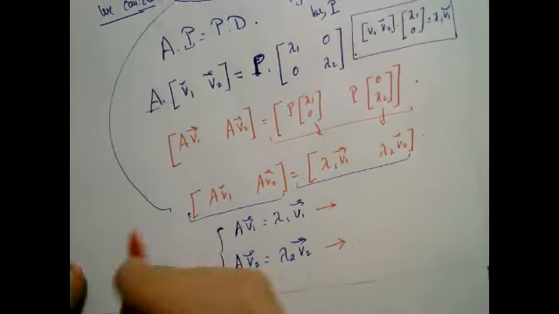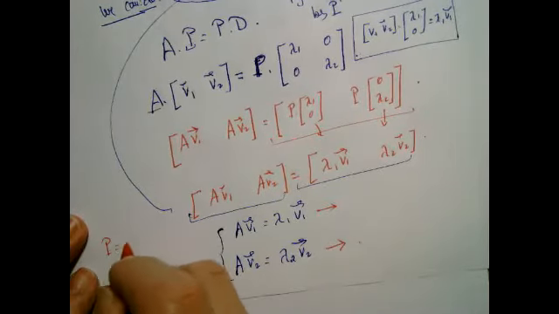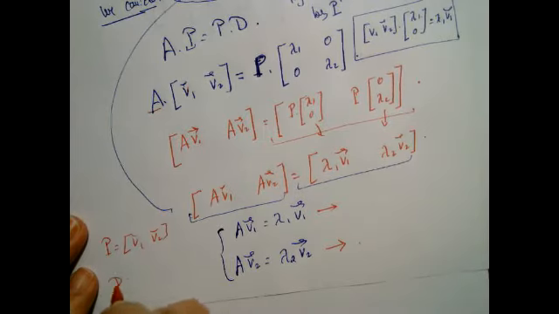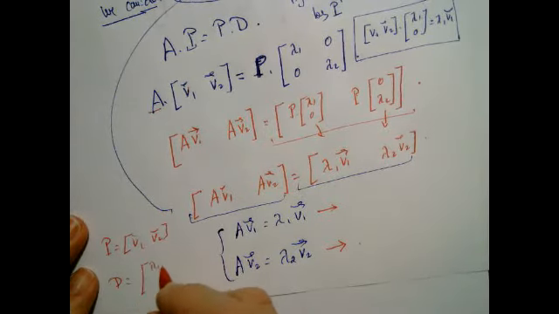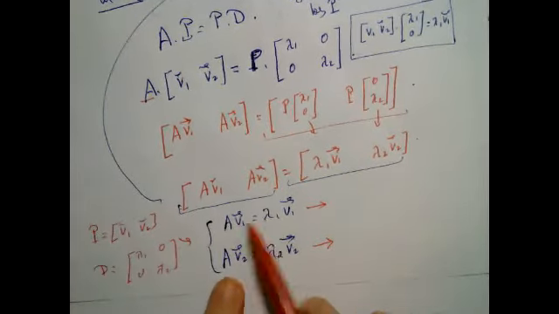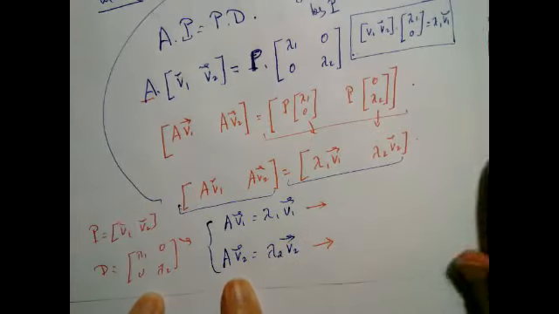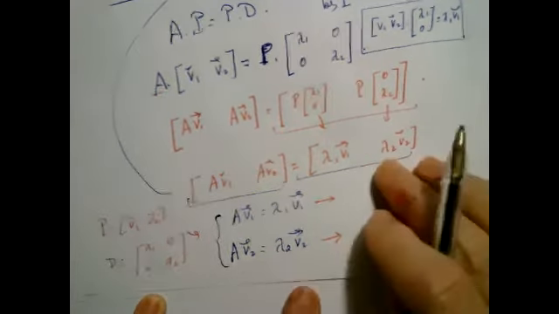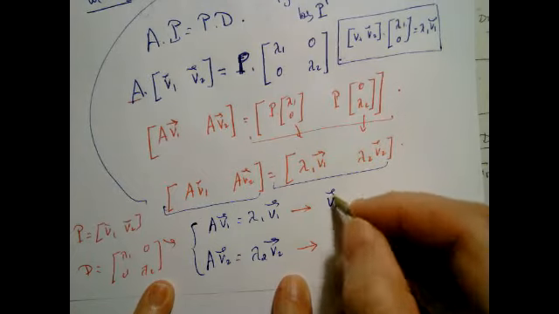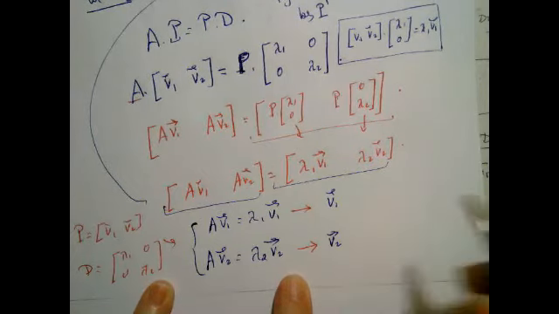If my matrix P is V1, V2, and D is lambda 1, lambda 2, and I can factor out this matrix, then AV1 equals lambda 1 V1 and AV2 equals lambda 2 V2. It means V1 is what, and V2 is what? Who can answer this question?